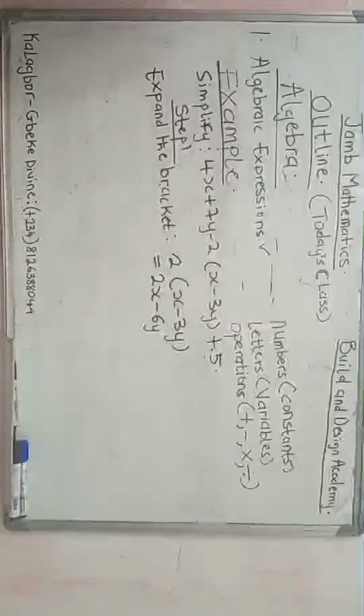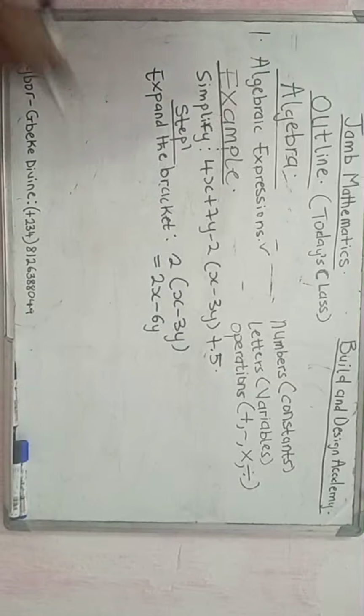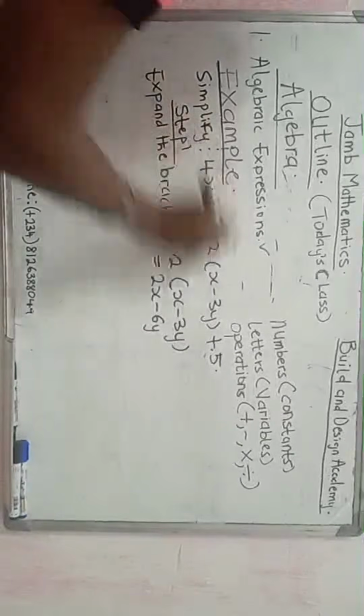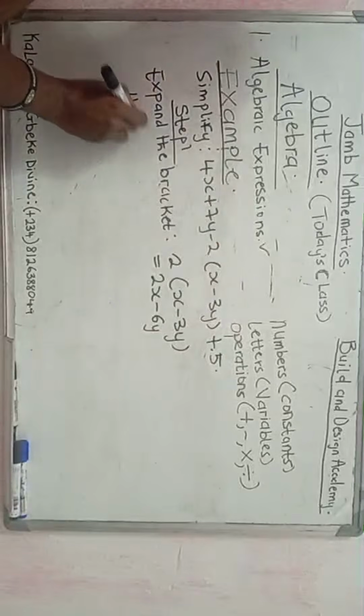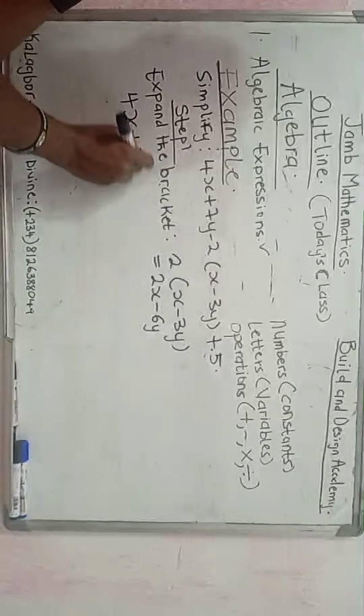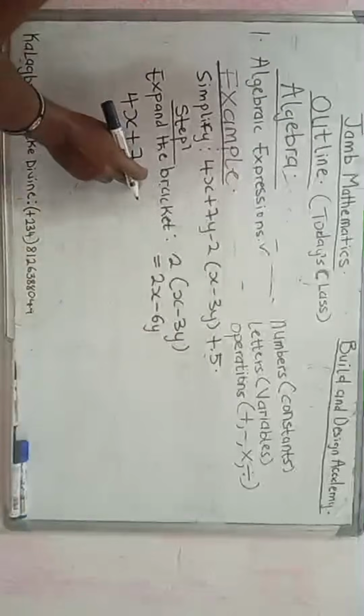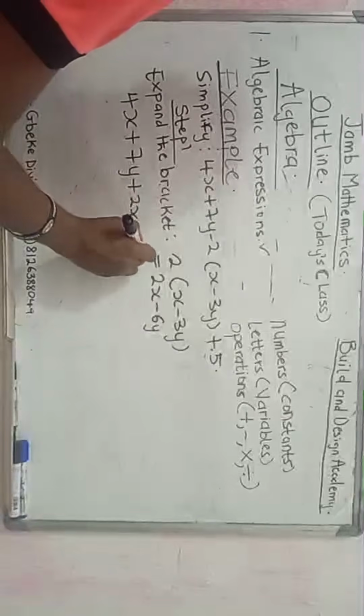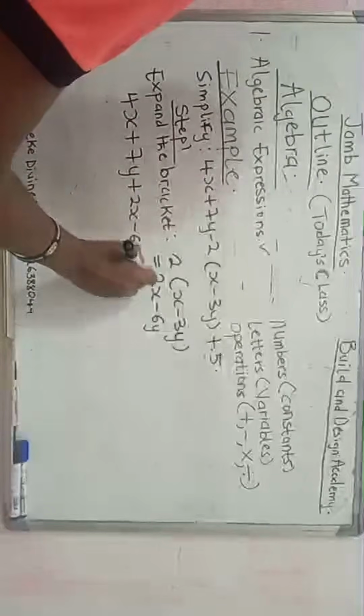So that's the first step, to expand the bracket. Now we'll rewrite this expression after expanding. Our new expression will be 4x plus 7y plus 2x minus 6y plus 5.